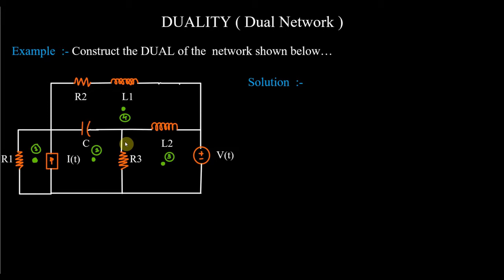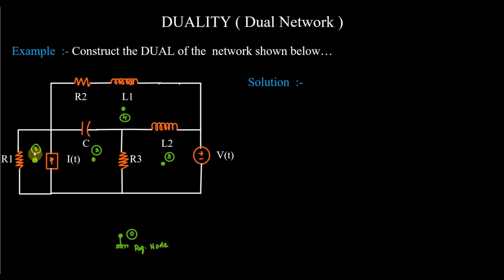The first condition is that the number of meshes should be equal to the number of node pairs. So I will take one another node here, and I will consider that node as a reference node. I will give this the node number 0, and this node is actually called the reference node. So this condition is satisfied.